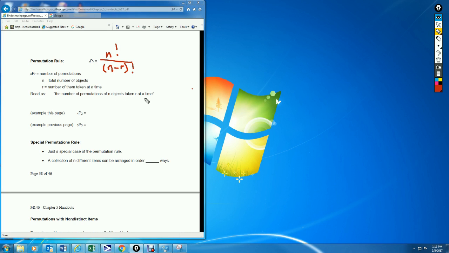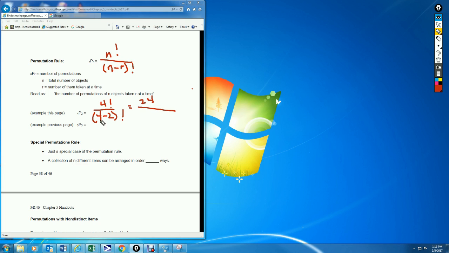So for example, what I just did on this page was I had 4 objects, the letters A, B, C, D. I selected 2 of them at a time. So if we use this formula, 4P2, then I would have 4 factorial, because that was n, the total number of objects, over 4 minus 2 factorial. 4 factorial is 24.